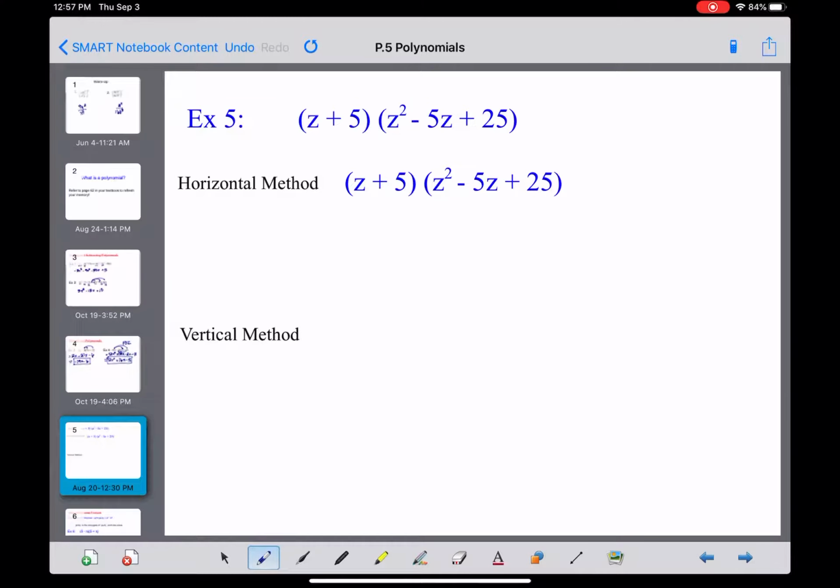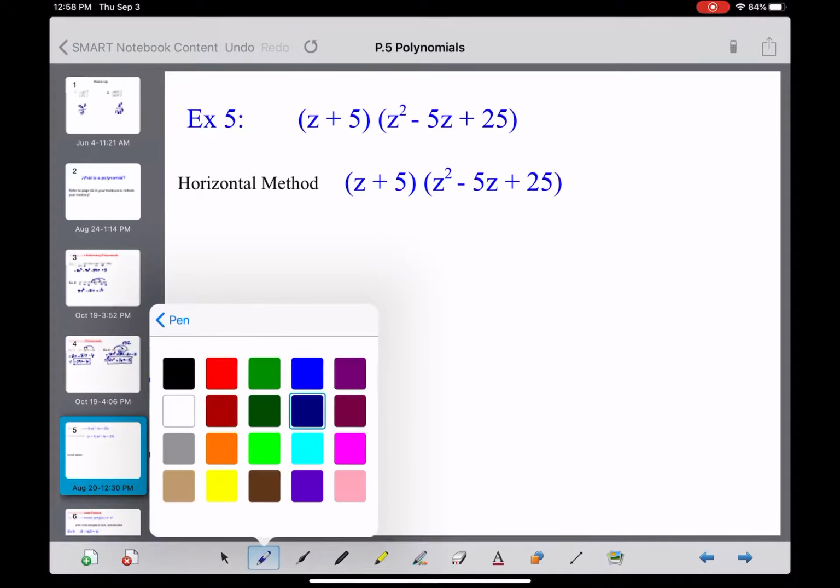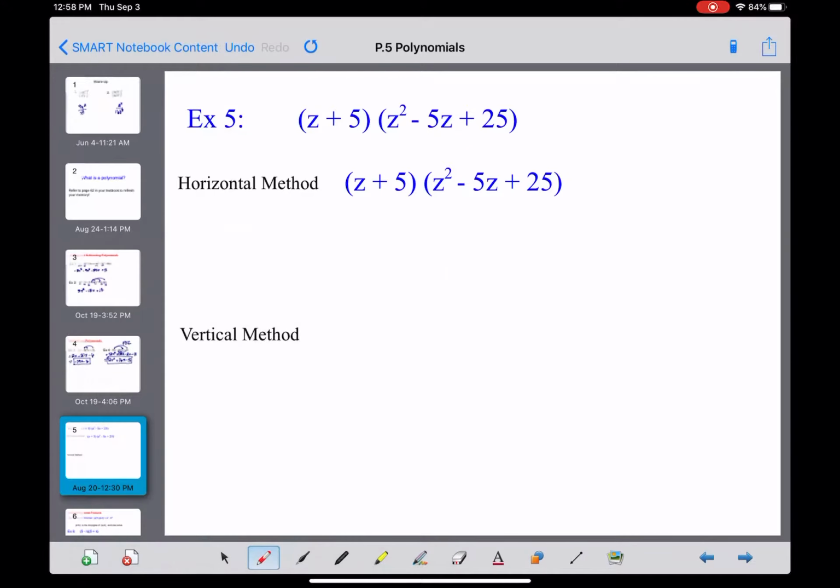Okay, so example 5. There are different ways to help keep track of everything. And so I'll show you another way to do this, but the horizontal method is basically just the same thing as what we've done previously.